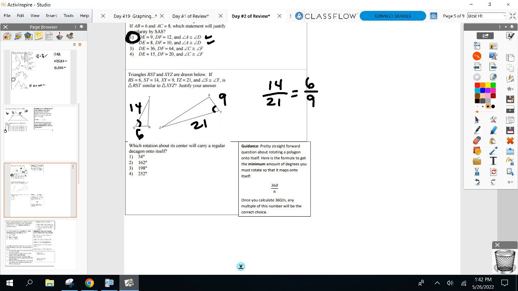I know a lot of you probably type it in your calculator, either A, see if the decimals are equal, or B, see if your calculator reduces them to the same thing. You can cross multiply too. Is 6 times 21 the same as 14 times 9? And they're in the same ratio. So yes, they are. And it says justify your answer by side angle side similarity. Good.